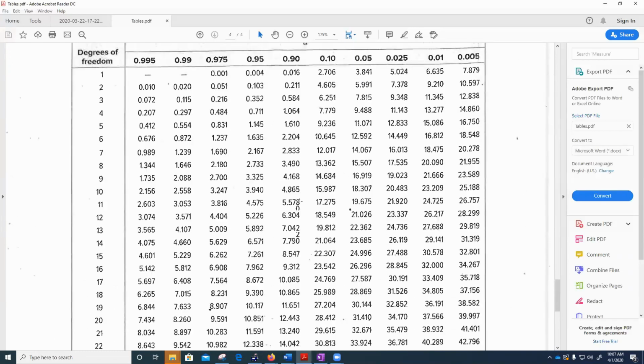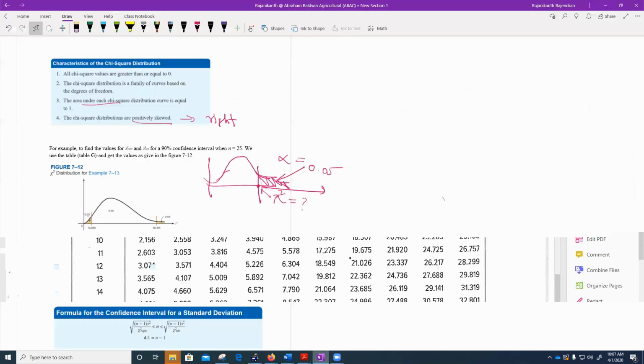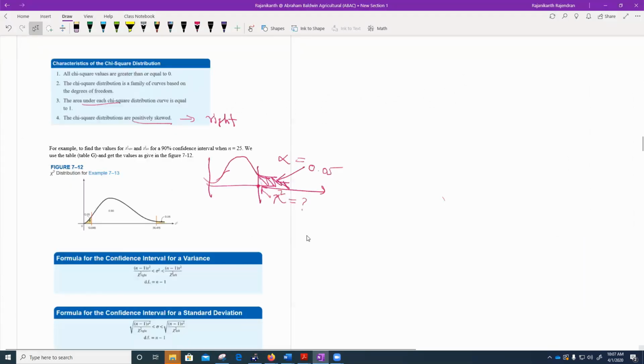So where is 0.05? 0.05 is somewhere here. Do you see? This is my alpha, right? Suppose you know degrees of freedom. Say for this problem my n is 20. If n is 20, my degrees of freedom is going to be n minus 1, which is 19.